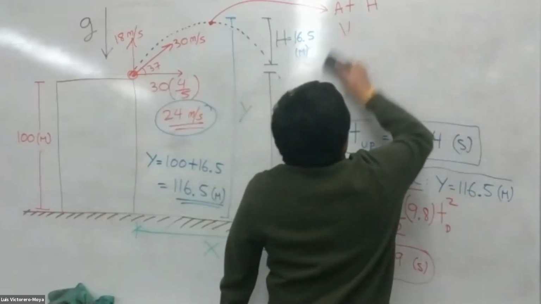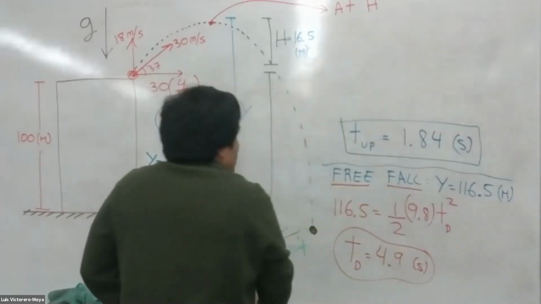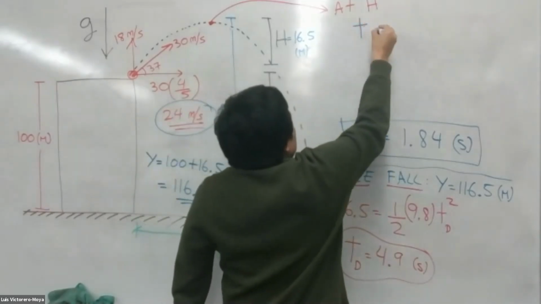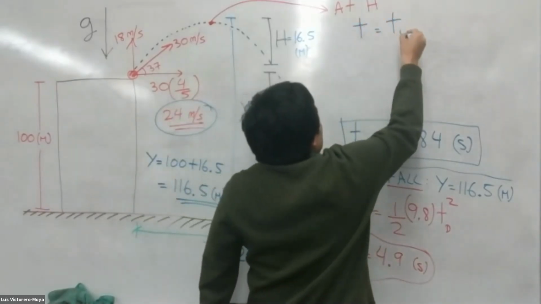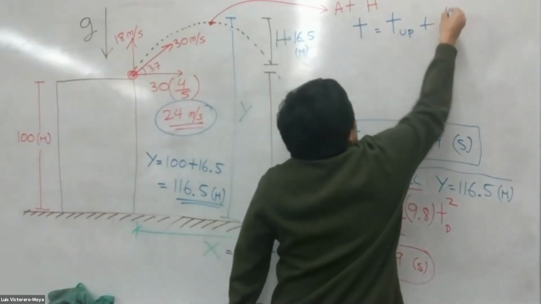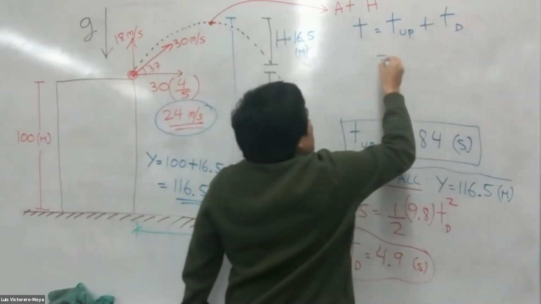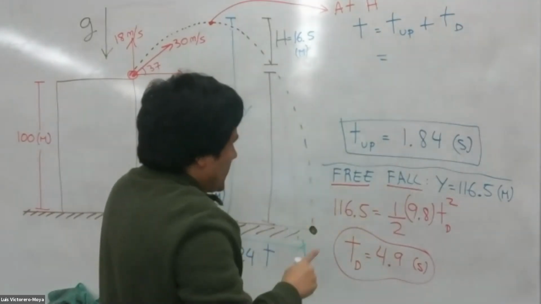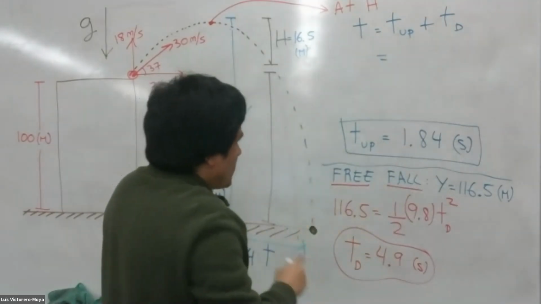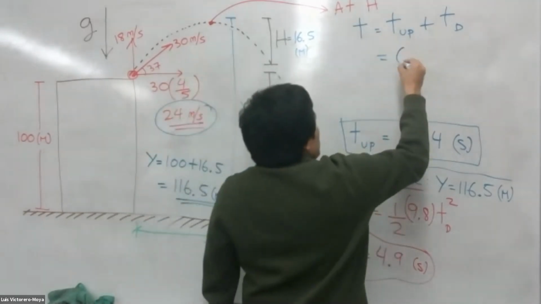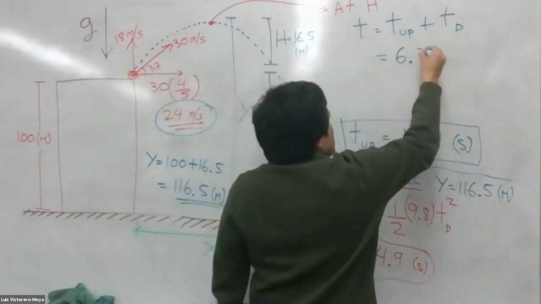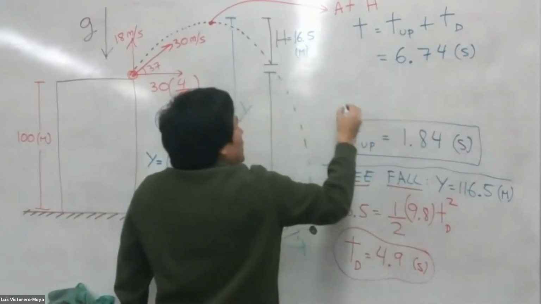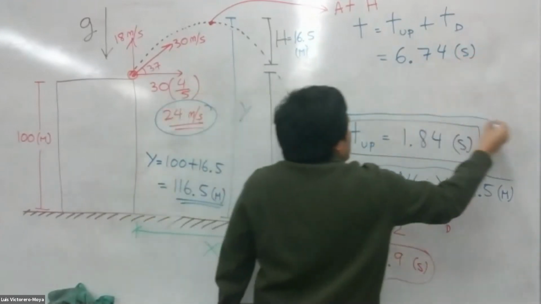Let's erase this now, and let's put it here. The time is equal to the time to go up plus the time to go down. 1.84 plus 4.9 is 6.74 seconds.